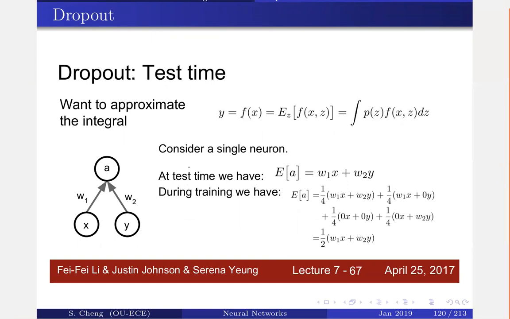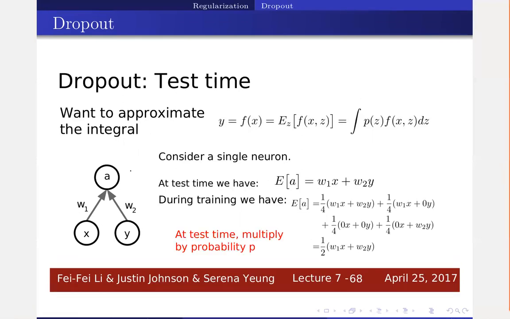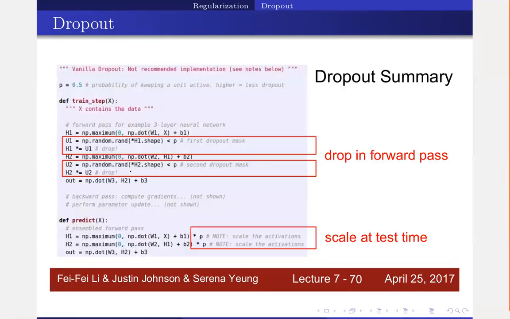More precisely, if our keep probability is p, then we should scale all the weights during testing by p as well. So it's kind of like making it smaller.